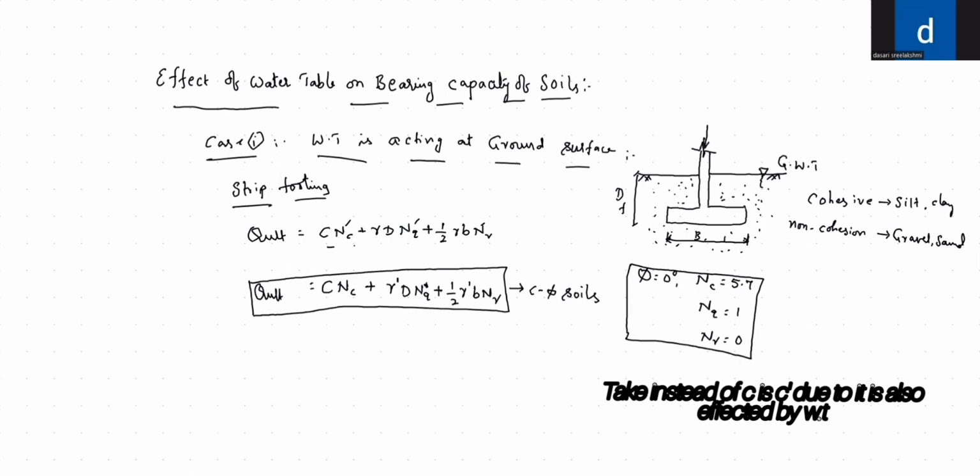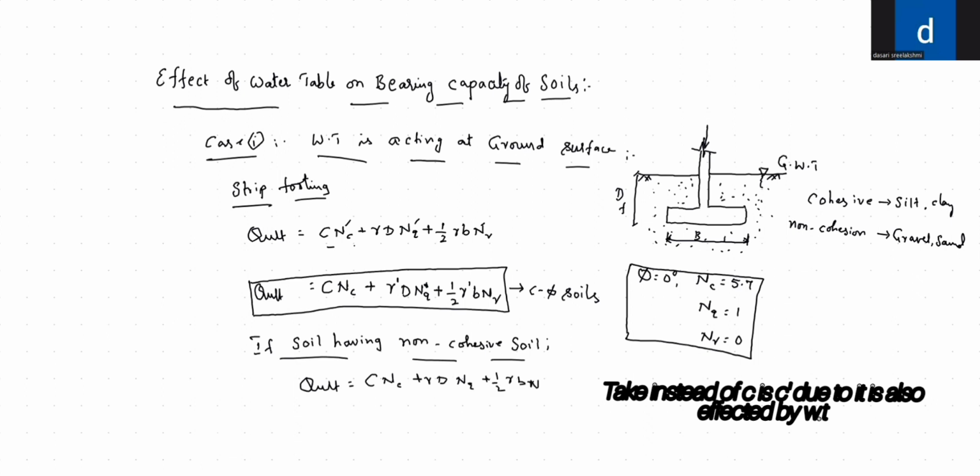If the soil is non-cohesive, that is cohesionless soil, the ultimate bearing capacity is the same formula: c Nc plus gamma D Nq plus half gamma B N gamma. Here c is the cohesion factor.